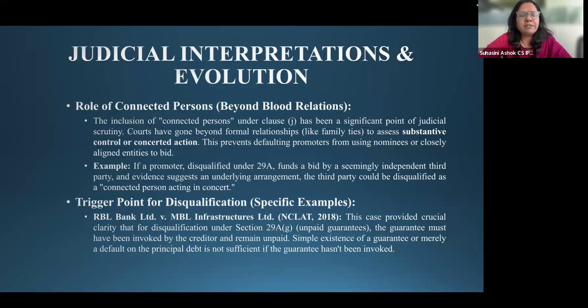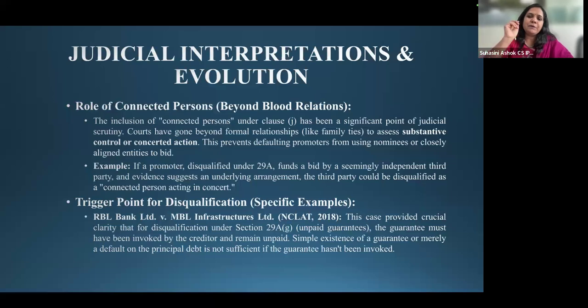So if we discuss some judicial precedents, we'll try to understand the intention of this section 29A. RBL Bank versus MBL Infrastructures, where this case provided crucial clarity that disqualification regarding unpaid guarantees requires that the guarantees must have been invoked by the creditor and remain unpaid.